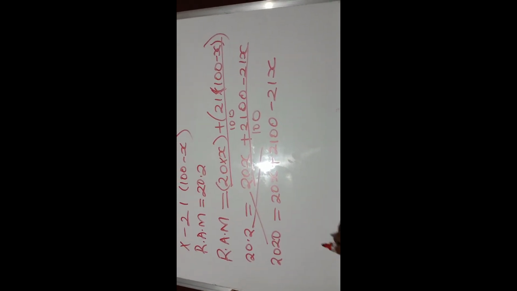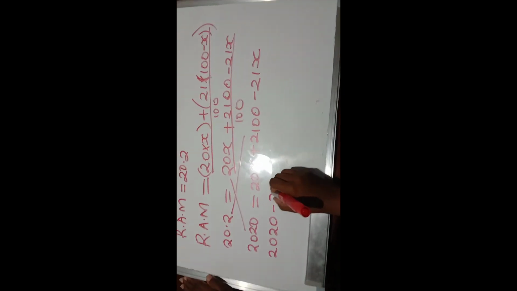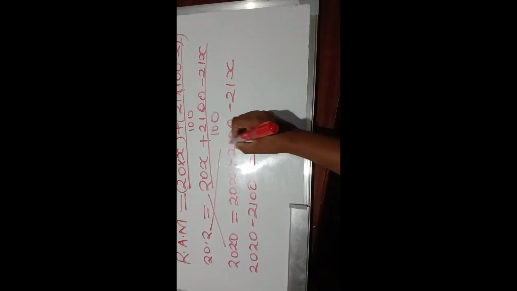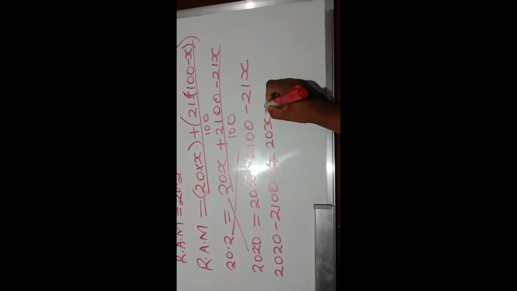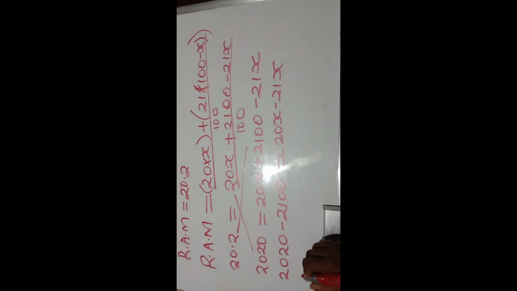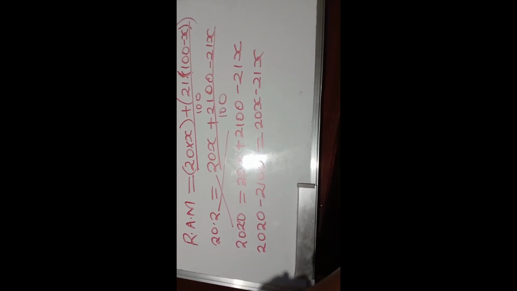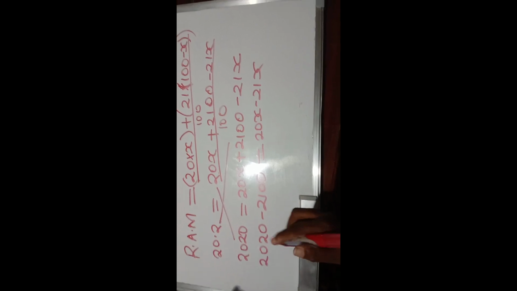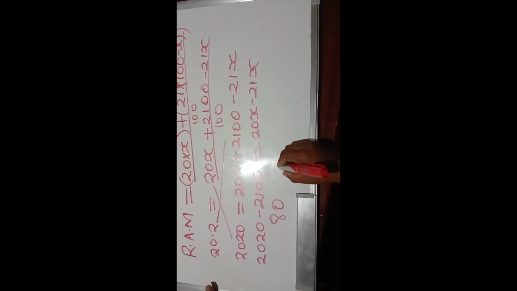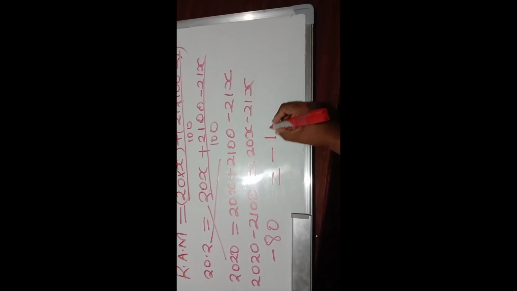Like terms together, you can bring 21 this side so that it will be 2020 minus 2100 is equal to 20x minus 21x. So 2020 minus 2100 is negative 80, is equal to negative 1x.